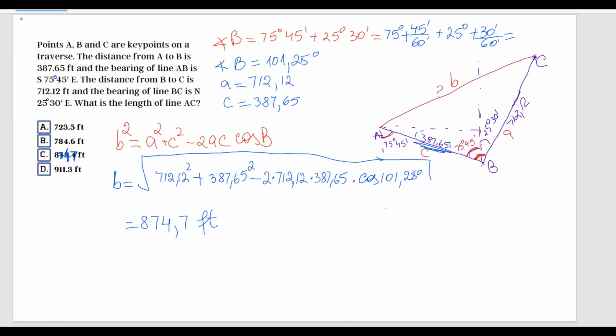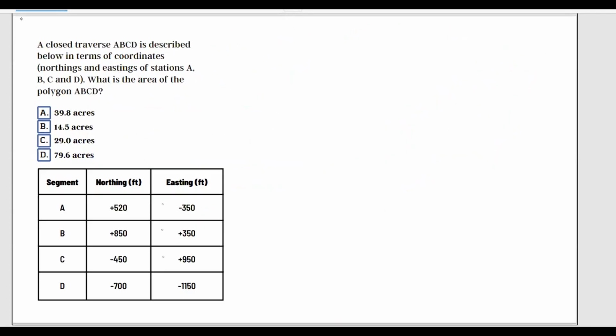So I guess the correct answer is going to be C, 874.7. For some reason, that was not correct there. Anyway, you got the idea of how to solve this. We use the law of cosines. Great. Let's move forward now.